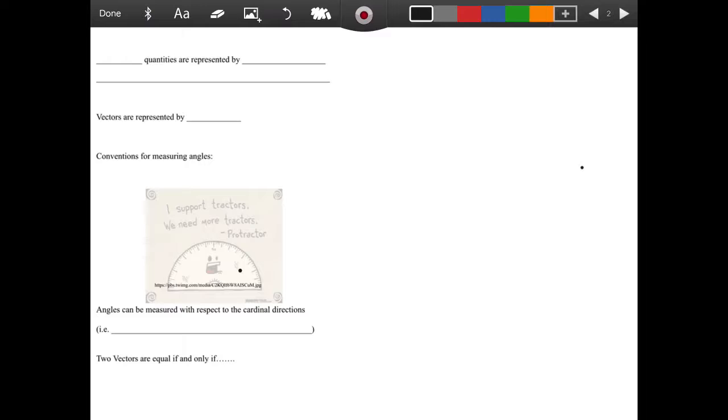So, moving forward, often vector quantities are represented by drawing an arrow above the variable symbol. I'm doing my best with handwriting here, but drawing an arrow above the symbol.